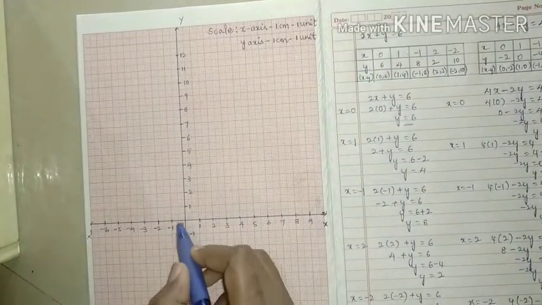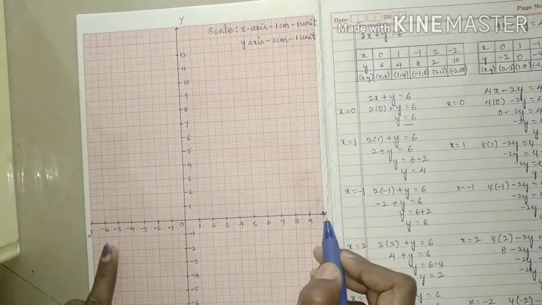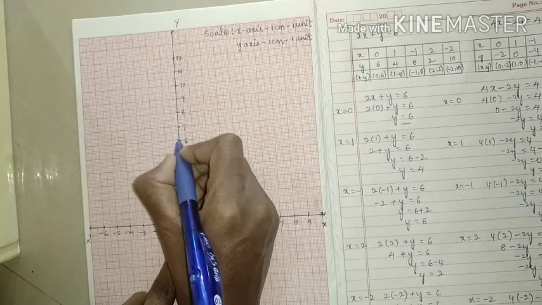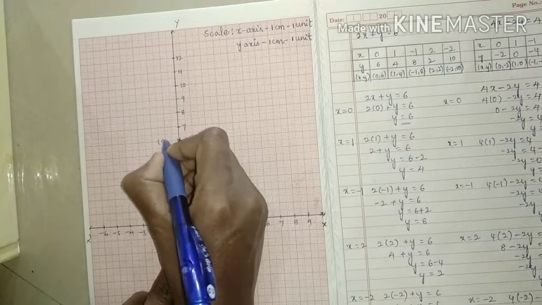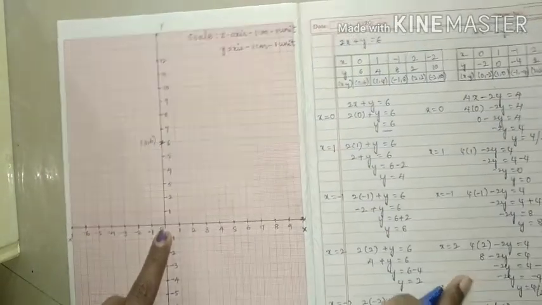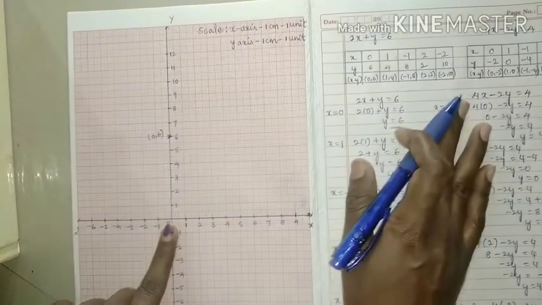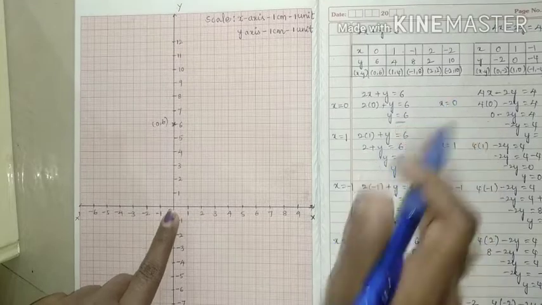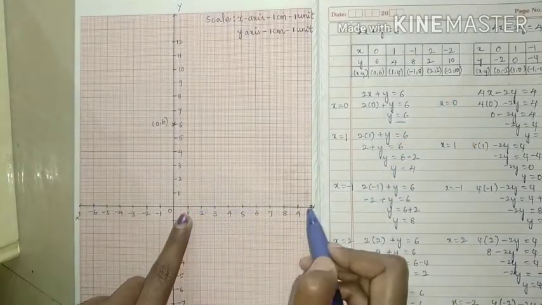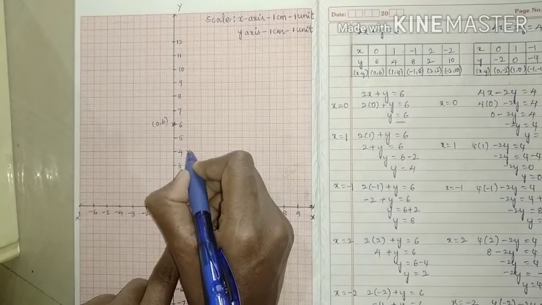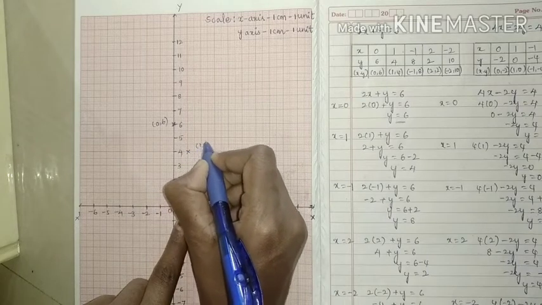Here we have 0 on the x-axis and we'll see 6 on the y-axis. That is 0 comma 6. The next point is 1 comma 4. So now 1 is on the x-axis and 4 is on the y-axis. This is 1 comma 4.